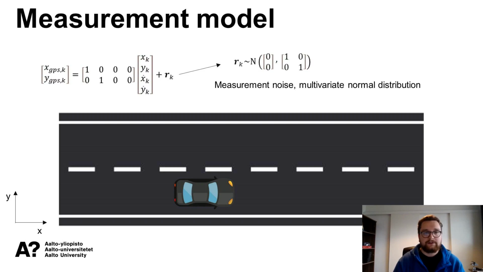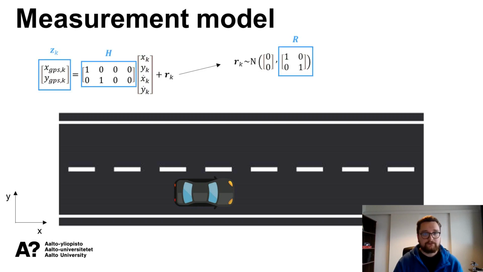What this noise represents is that the measurements we get from the GPS are not exactly the same as the vehicle state. There is some noise in them, some white Gaussian zero mean noise. And again, let's denote some things here so we can use them more conveniently.